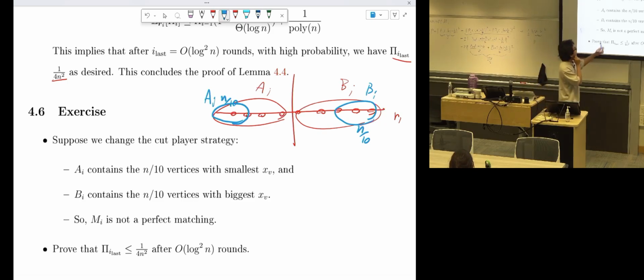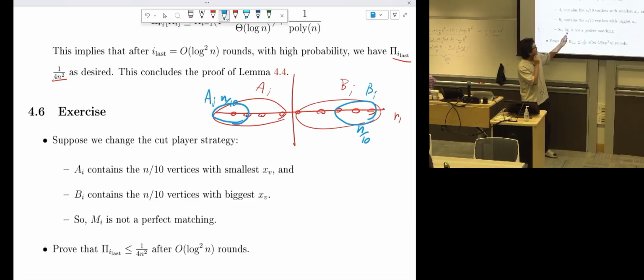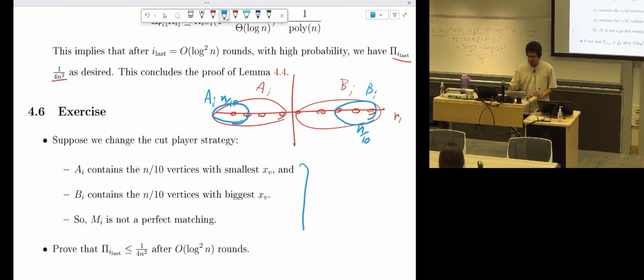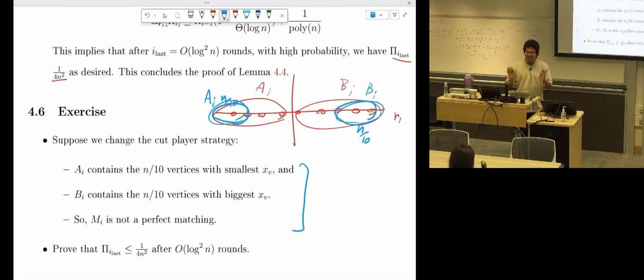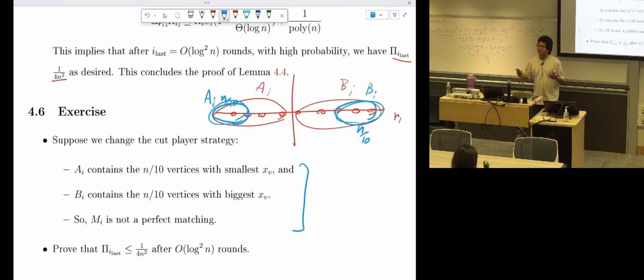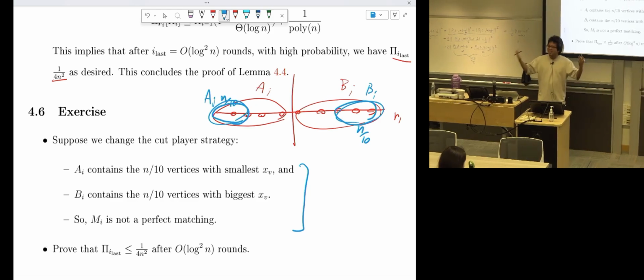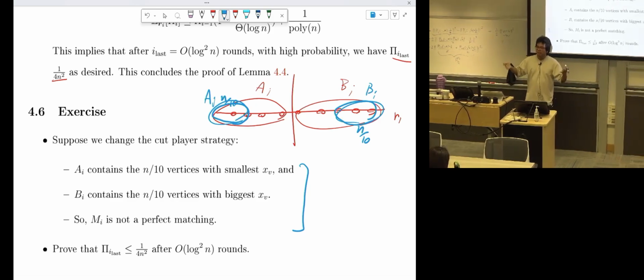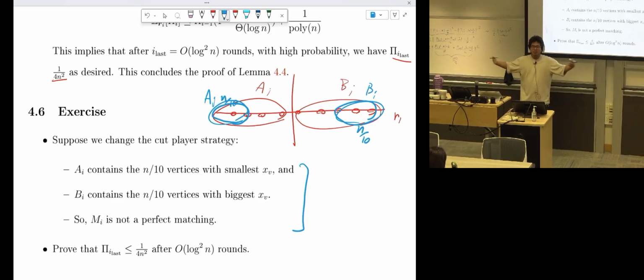At some point in the calculation, at least one line, we use that M_i is a perfect matching, but try to convince yourself why this works. It's nothing much really, but you should be able to go through this and see how to make this work. You can see that with this choice, it still captures our heuristics. A and B are still big, constant factor big, and they are far away.